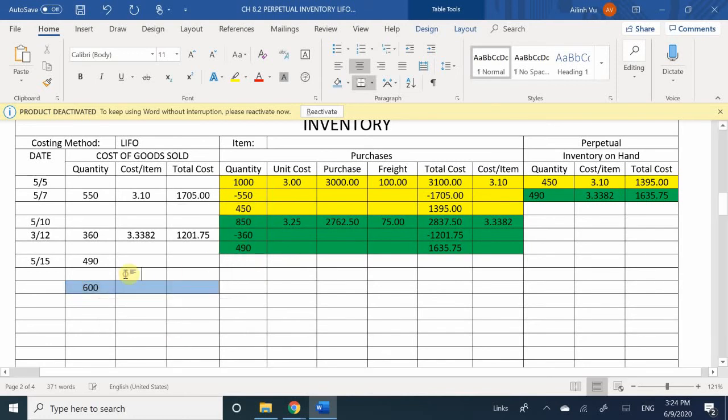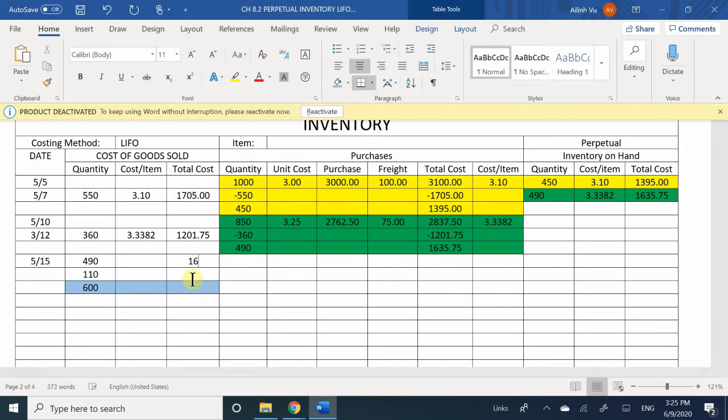One ten. We need 110. So 490 plus 110 gives you a total of 600. Yes. All right.